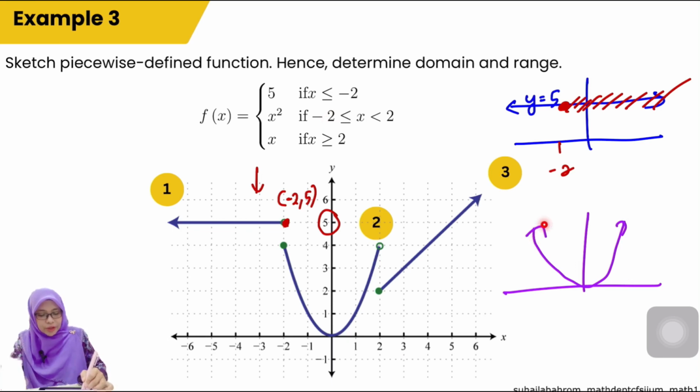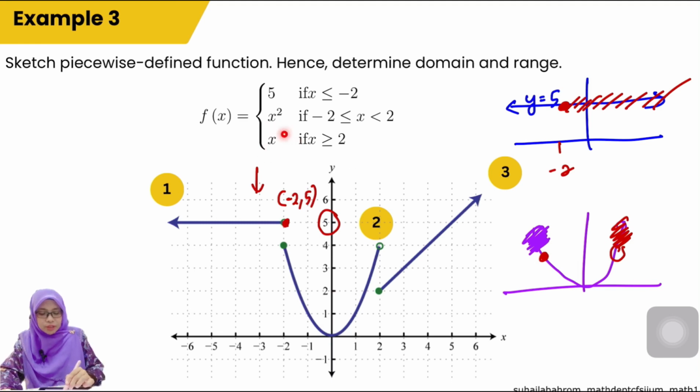We don't want values less than that, and we don't want values greater than 2. So at the value of -2, this one should be a dot. At the value of 2, this one should be a hole. So at the end, you will get something like this. This is the graph referred to the second equation.